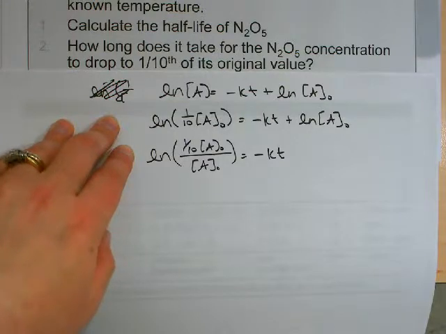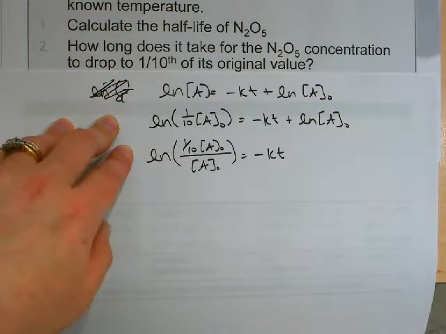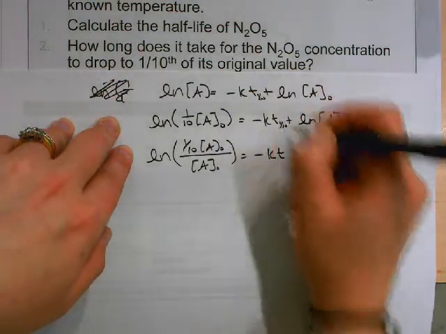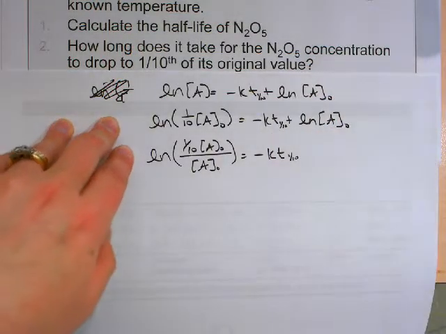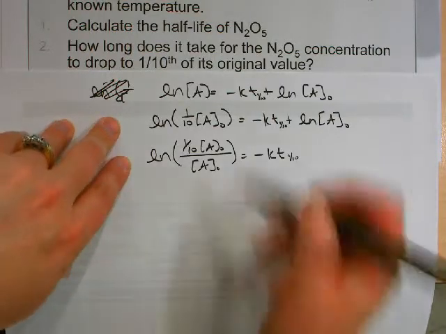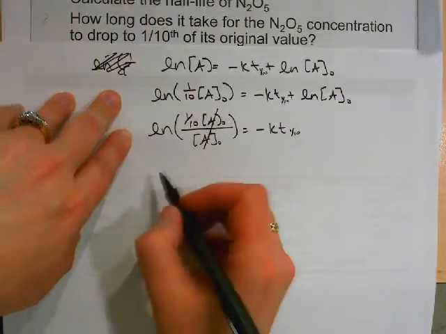Question? Yeah, I mean, you could certainly write T 1/10 if you wanted to keep it straight in your head. That's fine. It's just T1/2 is like a standard notation. T1/10 doesn't show up very often. So, you certainly could. Alright, so now my A0s cancel out.